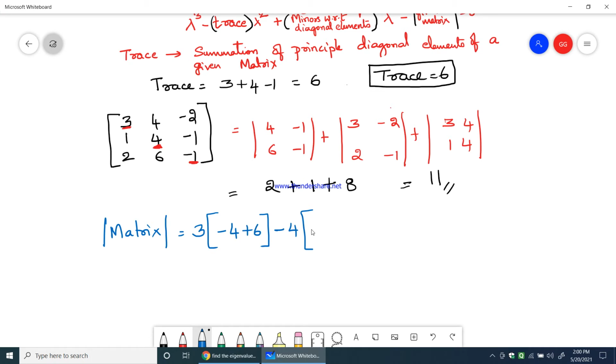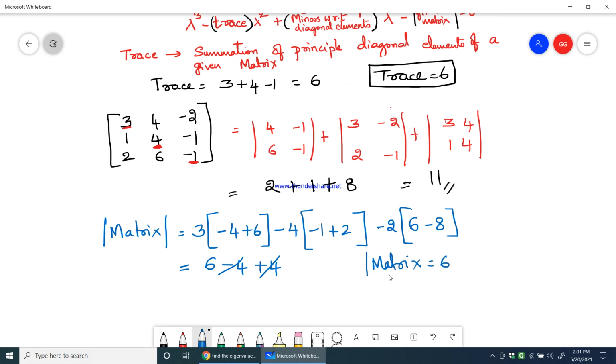So 2 minus 1 plus 2, minus 2 into 6 into 1 is 6, minus 4 twos are 8. So this is equal to 6 minus 4 is 2, 2 into 3 is 6, minus 1 plus 2 which is 1, 1 into 4 is 4, so minus 4, 6 minus 8 is minus 2 into minus 2 which is plus 4. So 4 and 4 get cancelled, so the determinant of the matrix equals 6.